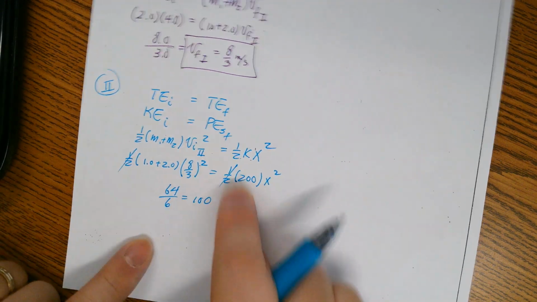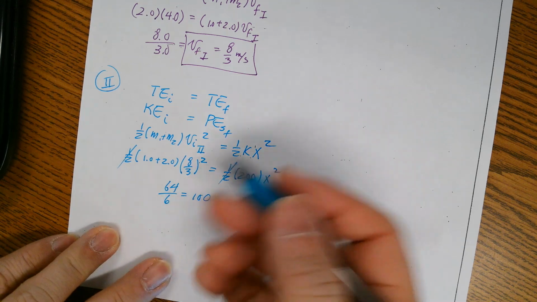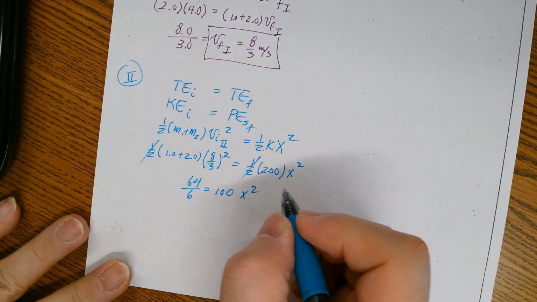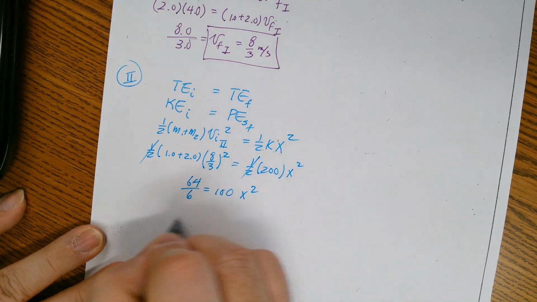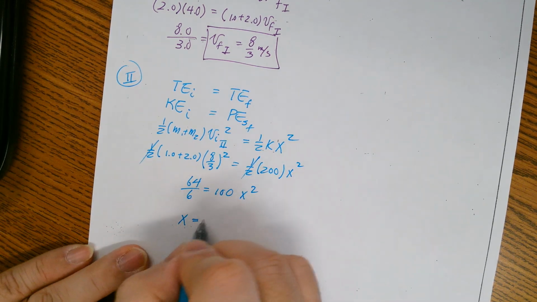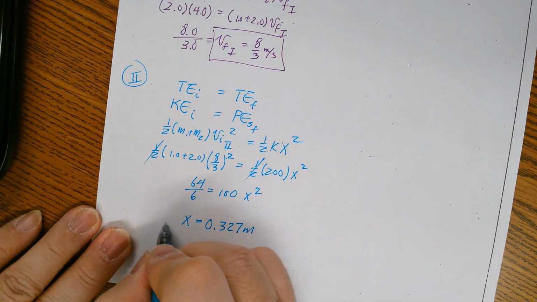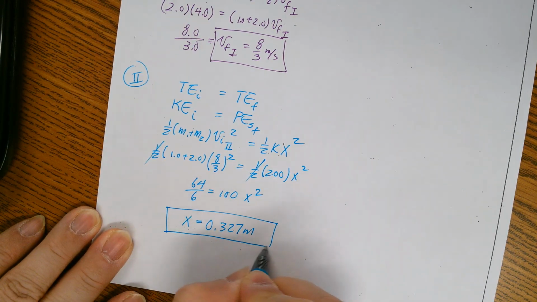I left out the 1/2 here, sorry. Or I could do 64 over 3 equals 200 x squared. So what is my x? My x is equal to 0.327 meters as the compression.